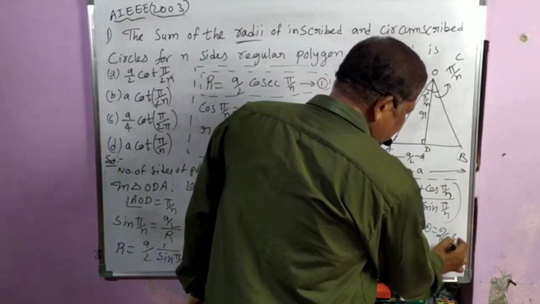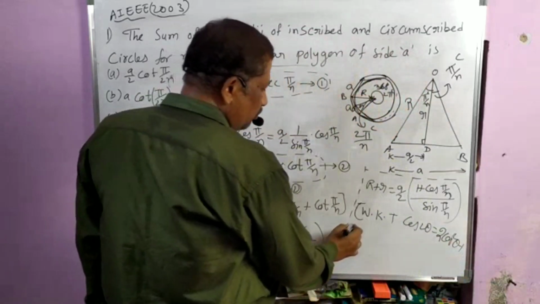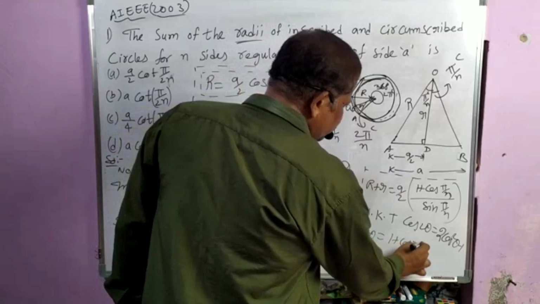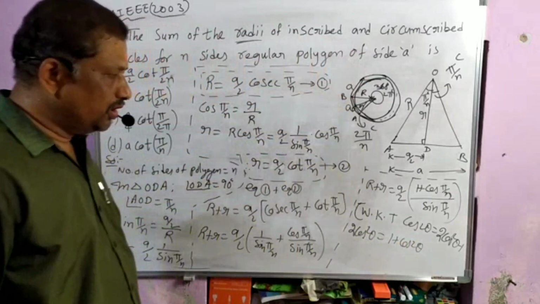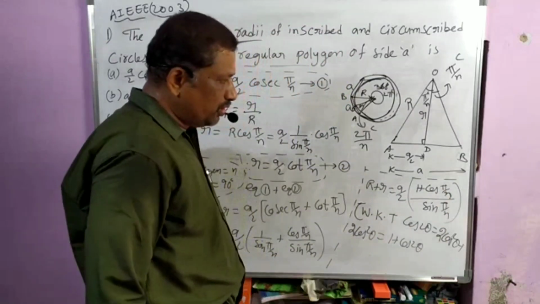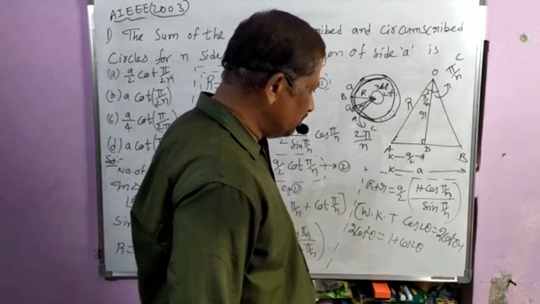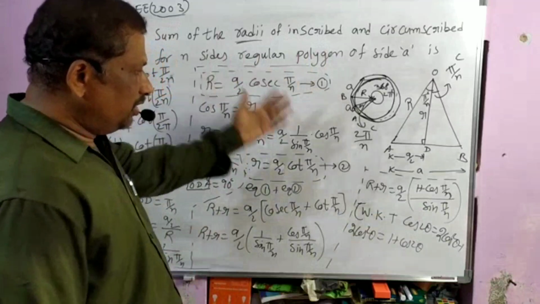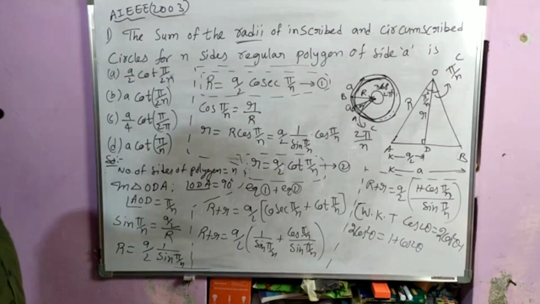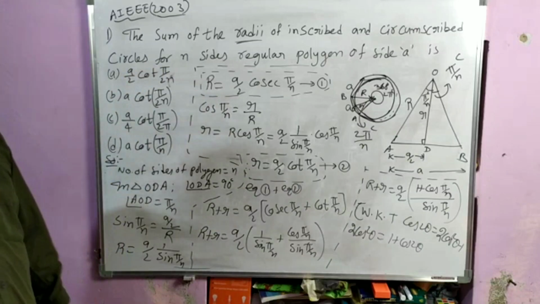Now 2 cos square theta will become 1 plus cos 2 theta. So now it is in the form of 1 plus cos 2 theta. So we have to write the half angle form of this one. That will become the next step, which we will do next.